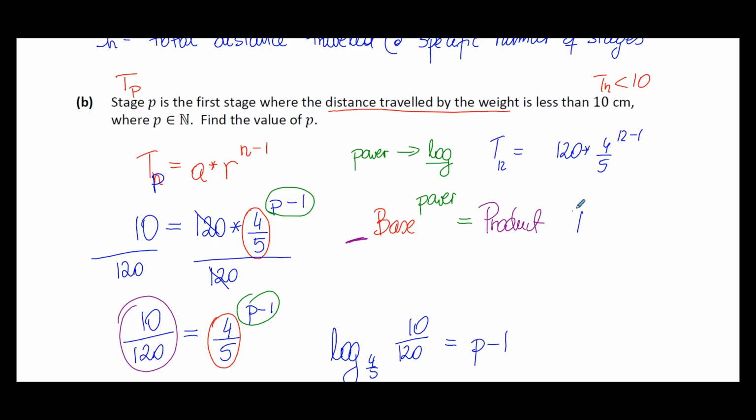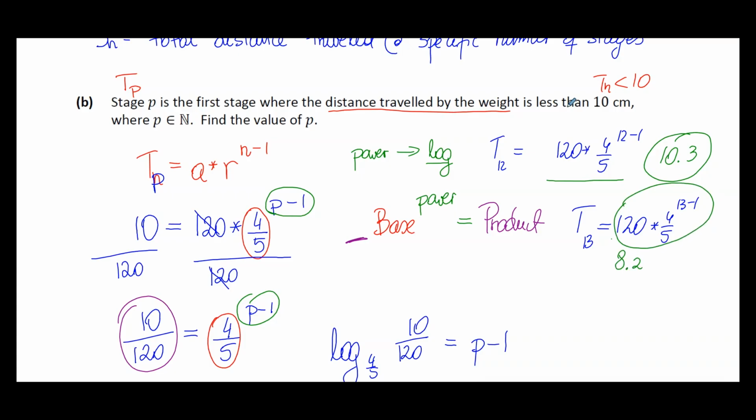And then I do the same thing for term 13: 120 multiplied by 4/5 to the power of 13 minus 1. So the value I'm going to get here is 10.3. That means at stage 12, it travelled more than 10. And then when I put the other one in the calculator, I get 8.2. So that means at stage 13, it is travelling less than 10. So the value of P we are looking for is 13.